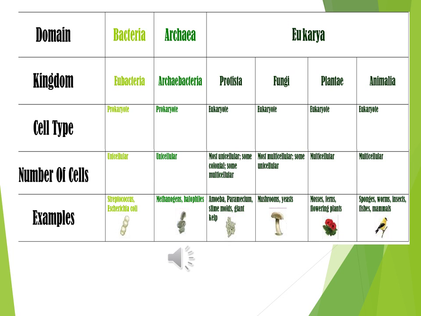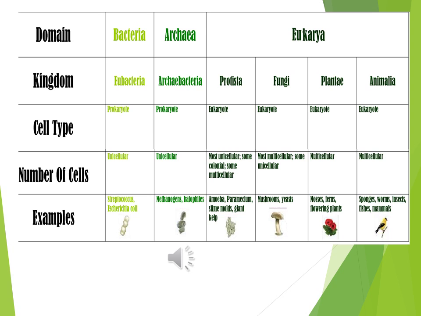In the chart, we can see the summary of the characteristics of each domain and each kingdom. In the domain Bacteria, the kingdom Eubacteria or bacteria, the cell type is prokaryote. The number of cells is unicellular, and the examples are Streptococcus and Escherichia coli.